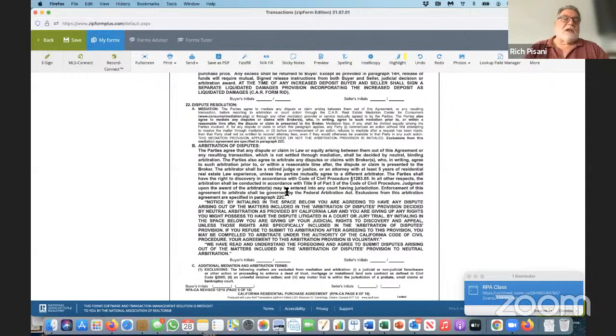What you're doing is giving up your right to court. Now, arbitration, some say it's more expensive, some say it's not. My guess is probably not. If you go to trial, trials take years to go through. Arbitration definitely is faster.